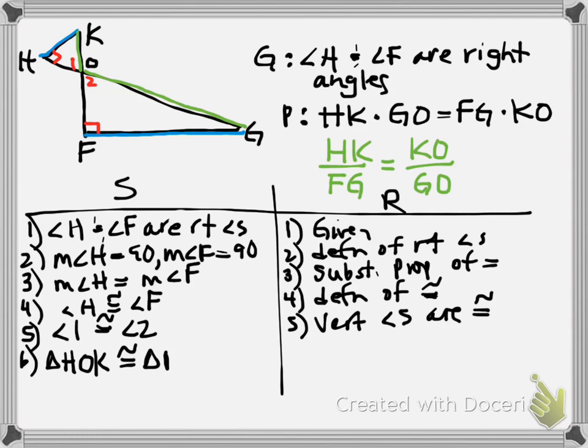Start with the right angle, go to angle 2, and the leftover angle. Oh, sorry. I always do that. There. So I get triangle HOK is similar to triangle FOG, and the reason would be angle-angle similarity postulate.